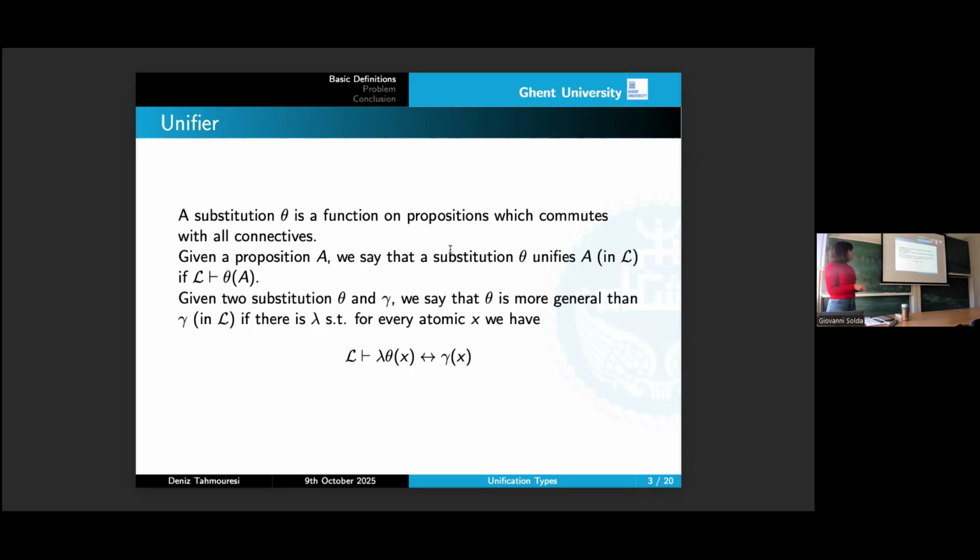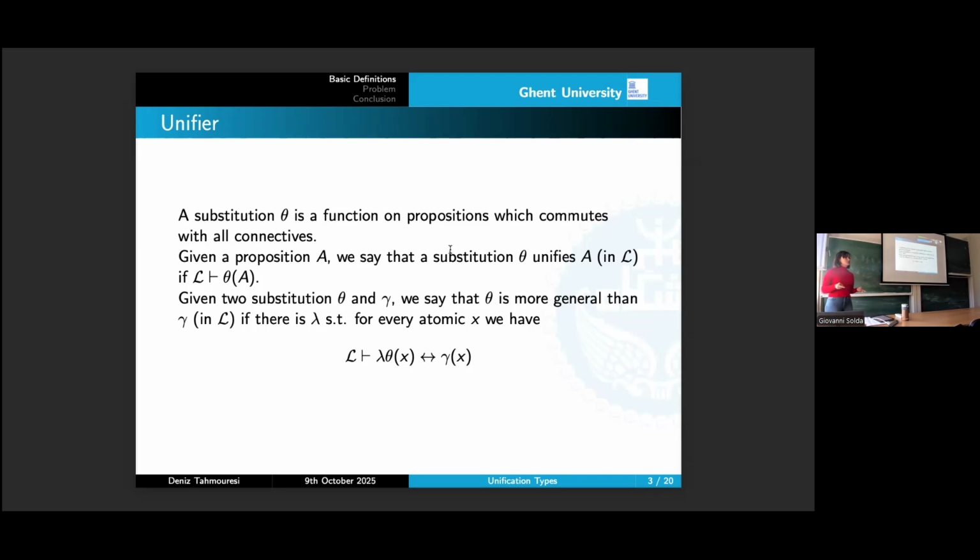To be more precise, a substitution theta is a function on propositions which commutes with all connectives. Given a proposition A, we say that substitution theta unifies it in a logic if it makes it a tautology.